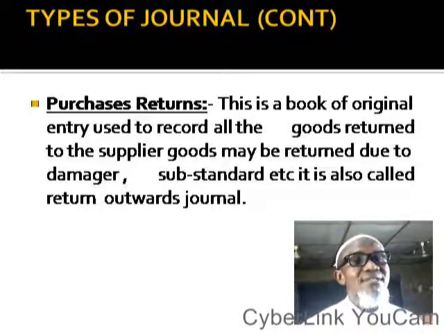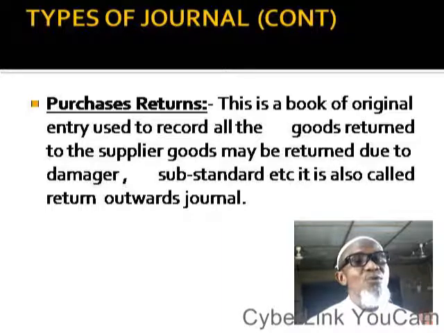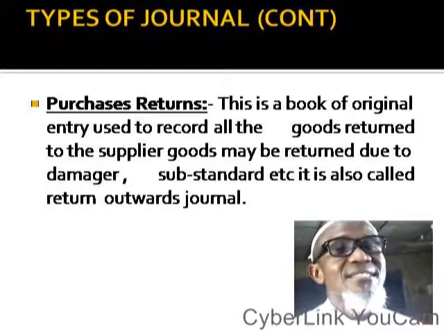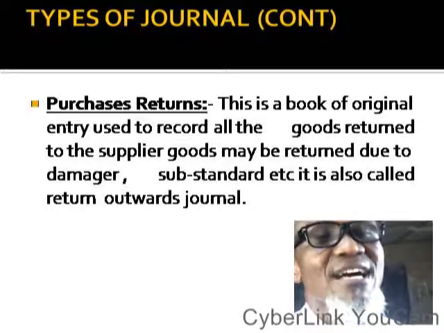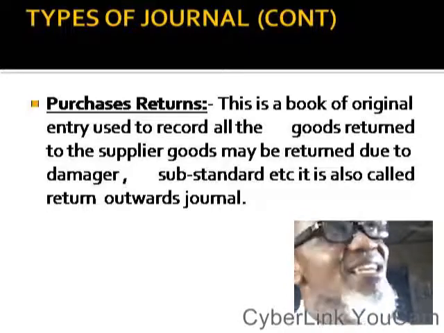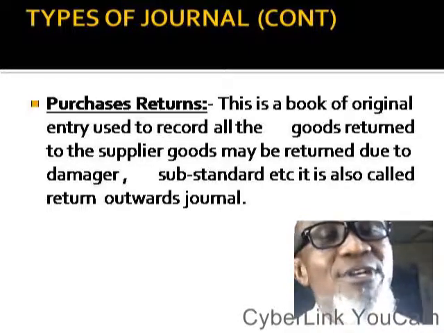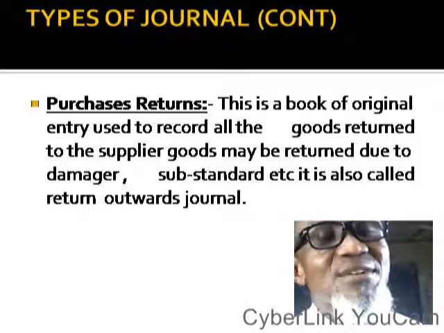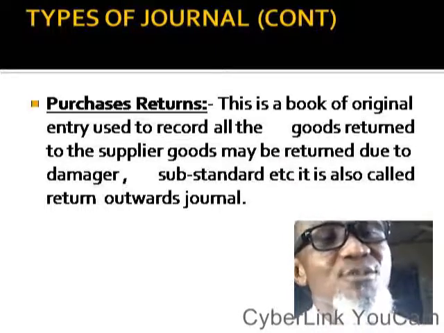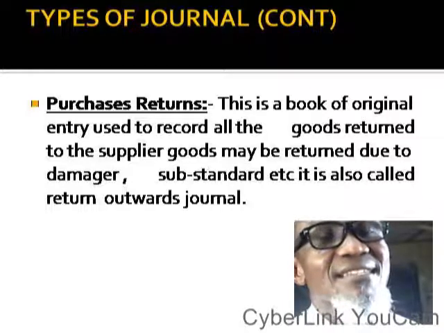And we have reasons why we can return our goods back to the supplier. Among those reasons is when the goods have got spoiled, and at the same time, if the goods are substandard, you can return them.